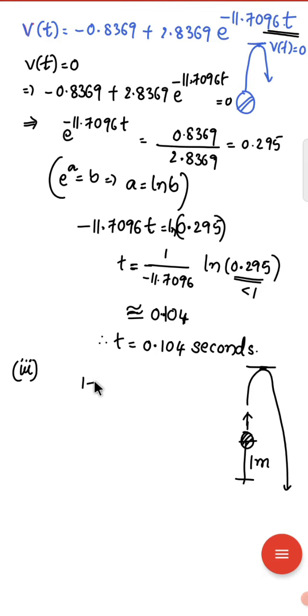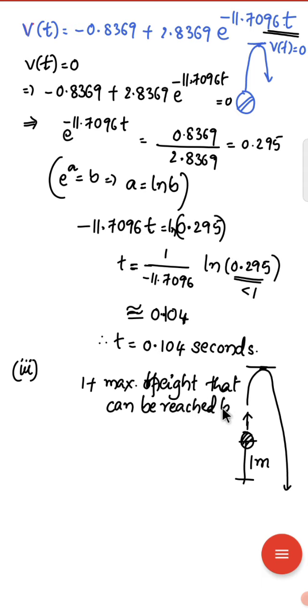So 1 plus the maximum height that can be reached by the ball. Okay, we'll find what this is.